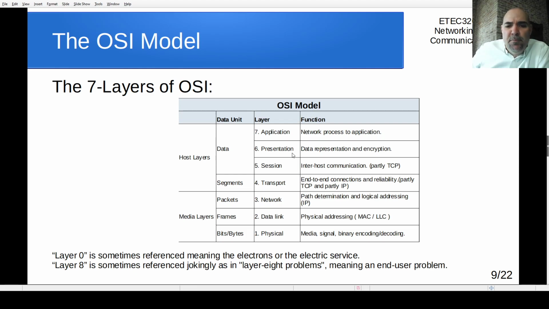The next layer down is the presentation layer. What the presentation layer deals with is encoding and decoding the data. So how is the data represented? Is it encrypted or not? If you think about something like HTTPS, the secure socket version of HTTP, encrypting the data for the web page on the server, sending it, and then decrypting it on the browser, that would be something we could think of as being at the presentation layer.